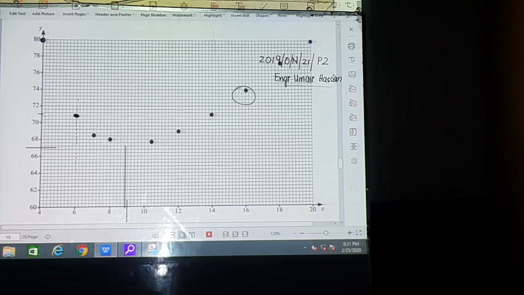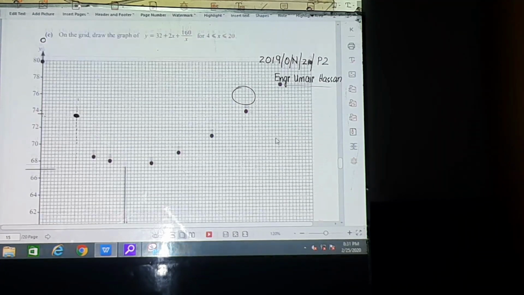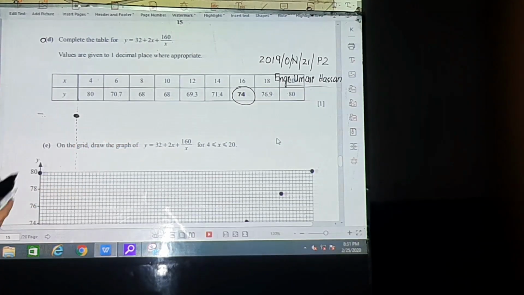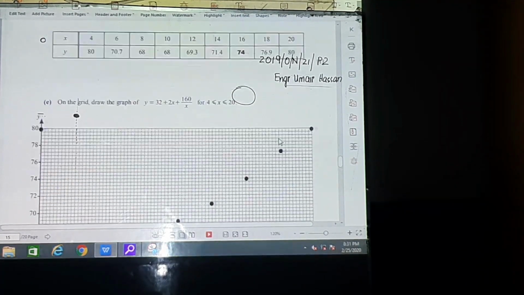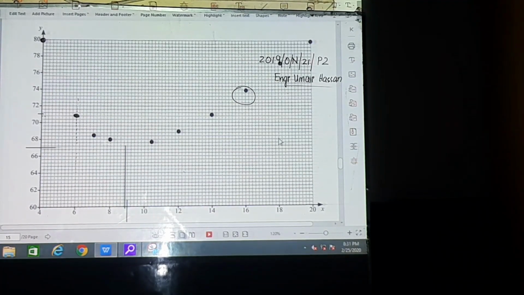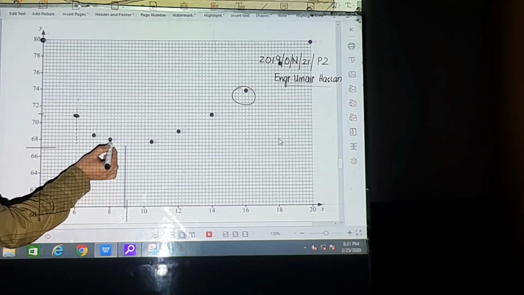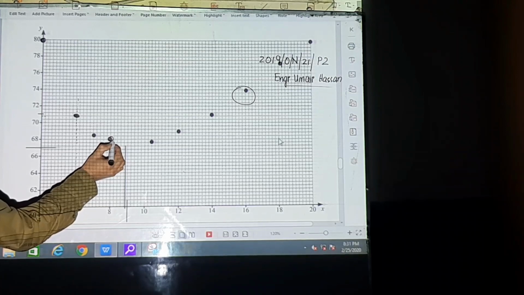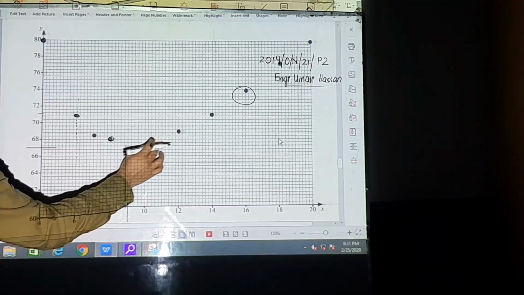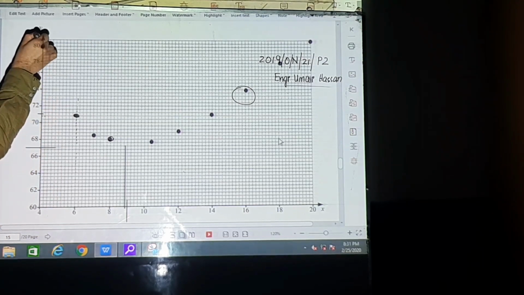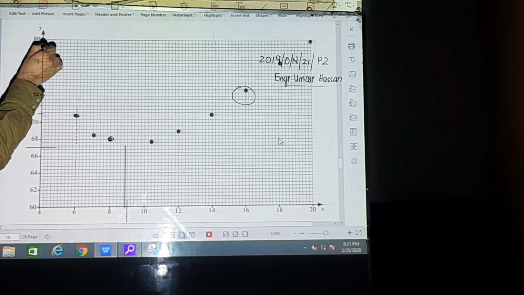The third point is when x is 8, y is 68. So go on your graph. When x is 8, y is 68, this one. Similarly, you can plot these points according to the given data, and you can join these points by a smooth curve.